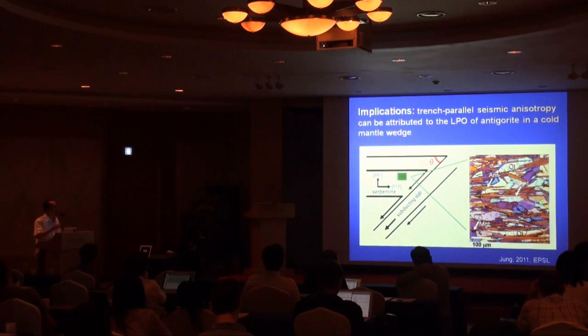Then this can produce seismic anisotropy, even with horizontal flow. Another thing, the serpentine here in this area, in between the mantle wedge and slab, the seismic anisotropy due to serpentine fabric will depend on the subduction angle theta.